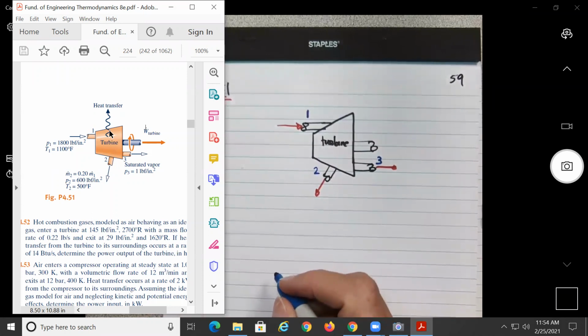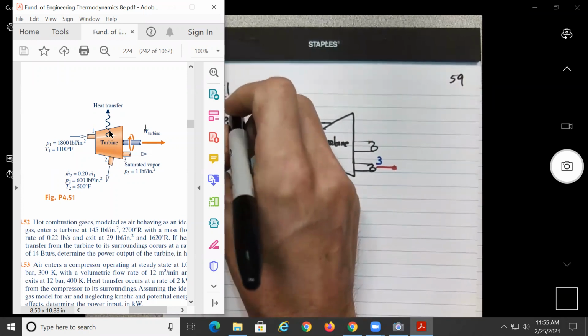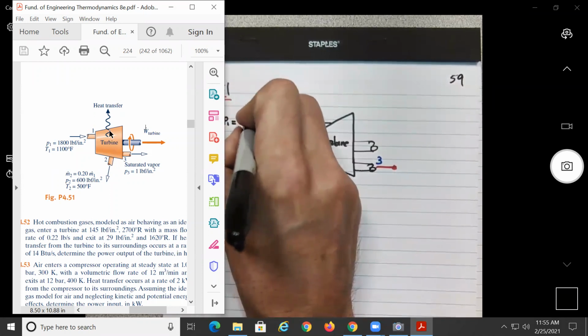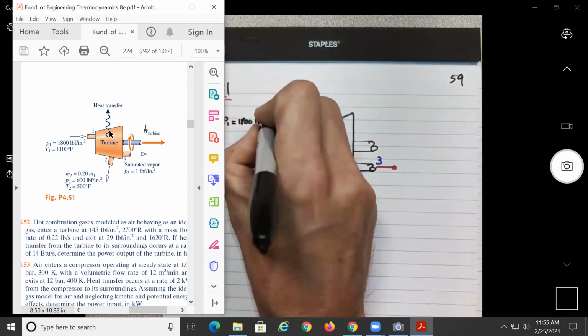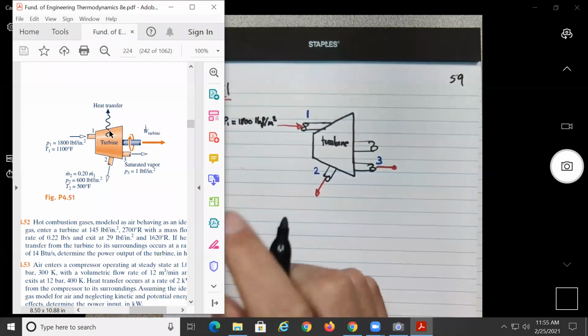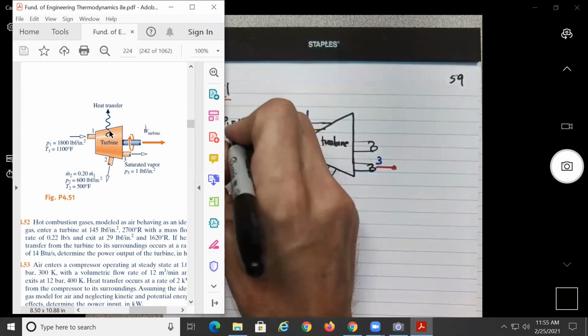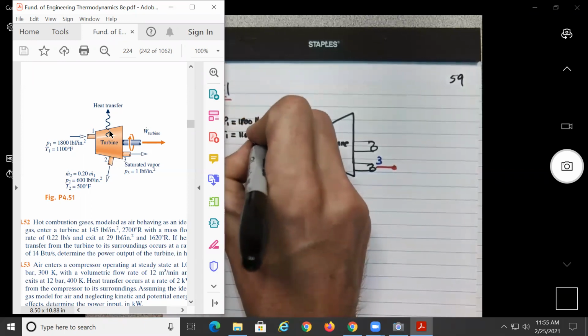I have no idea what the substance is, but we'll find out. So we know, what do we know? P1 is equal to 1800 psi, so pound force per inch square. And the initial temperature T1 is 1100 Fahrenheit.